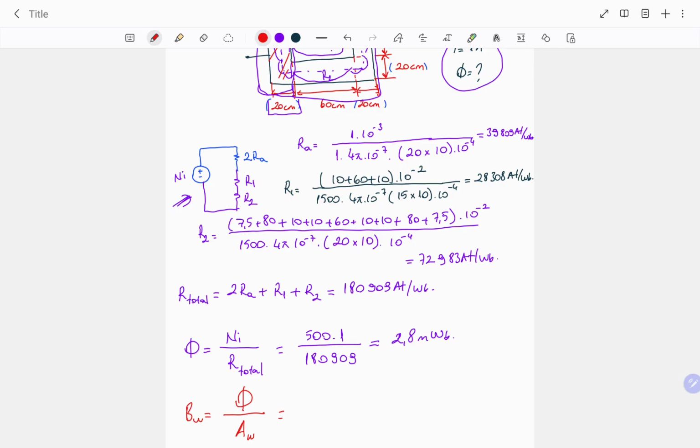The flux is the total flux, 2.8 milliweber everywhere. For the cross-sectional area of the left leg, we have 20 centimeter width and 10 centimeter depth, converted to square meters. So 0.14 Tesla is the magnetic flux density on the left leg, where we located our winding.